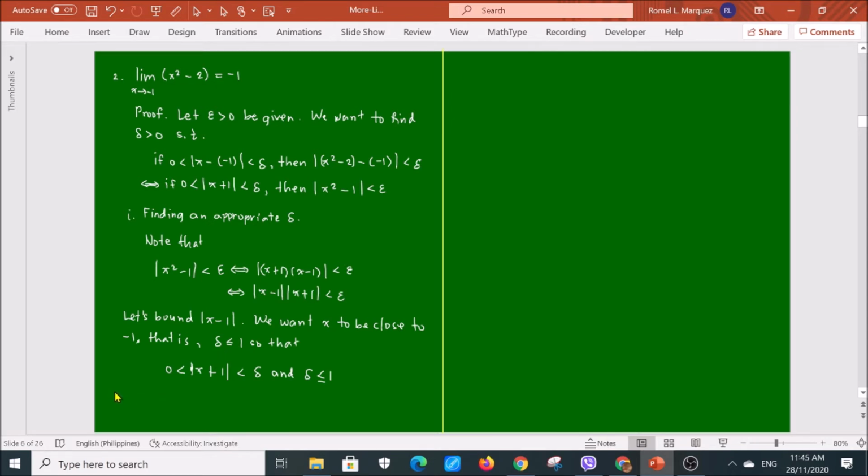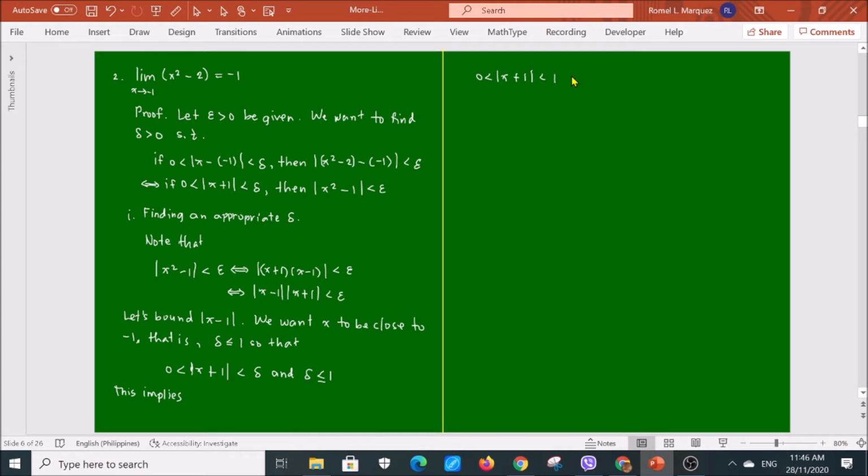So this line implies that 0 is less than the absolute value of x plus 1, and that is less than 1.